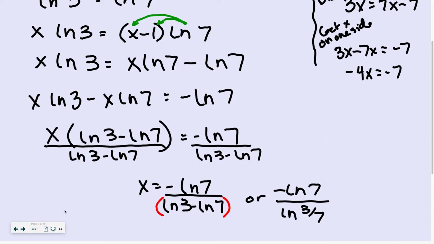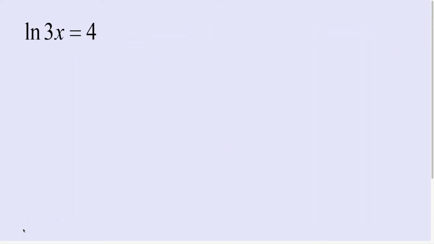Okay, so we're going to move on to logs. This one will be pretty quick. Natural log 3x equals 4. When I survey this equation, I only see one log. So that means I can isolate the log and then rewrite it.